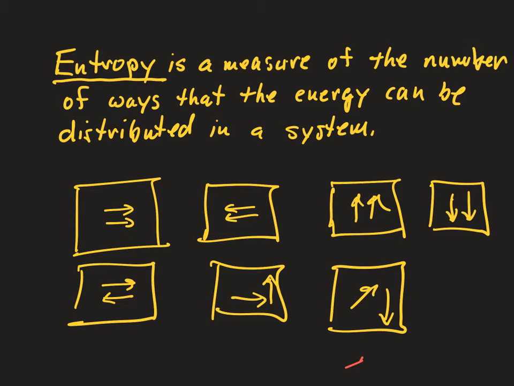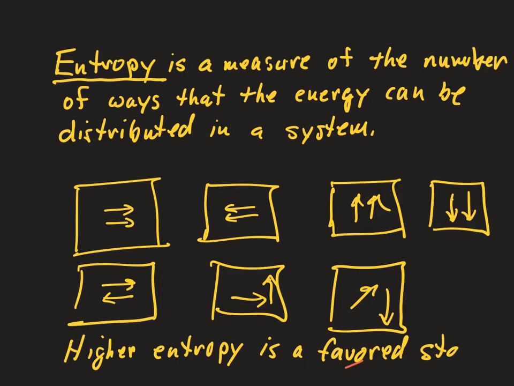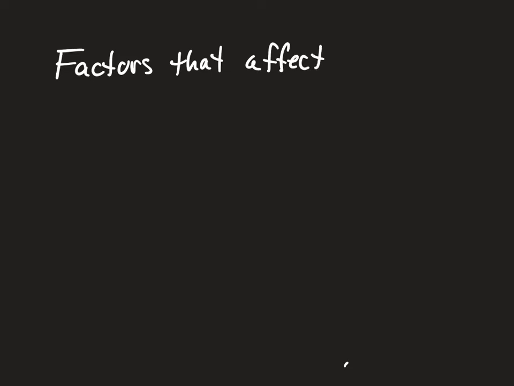And so it ends up that higher entropy is a favored state, right? So we've got really sort of two things here now. Okay, if we consider some factors that affect entropy, right? One of those factors is state.